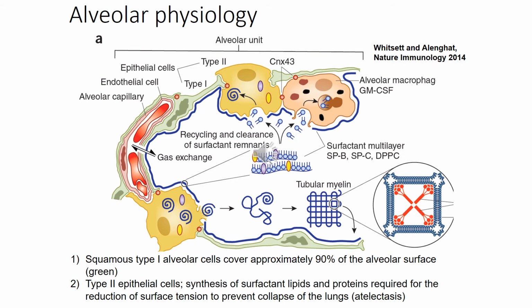The third cell type, which is very important in the alveole, is the alveolar macrophage. The alveolar macrophages are intrinsically anti-inflammatory in order to prevent inflammatory damage to the lung. Another important function of the alveolar macrophage is to recycle and break down the surfactant, which can then be rebuilt by the type 2 epithelial cells.